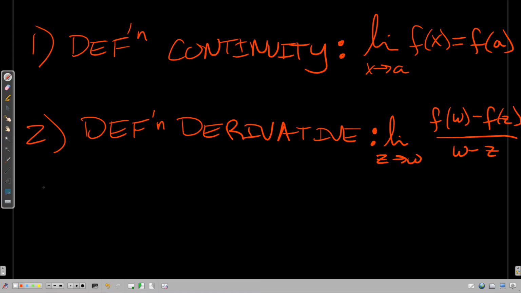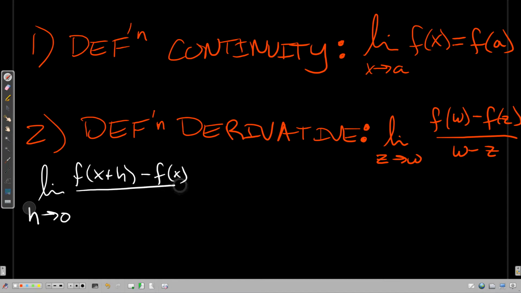To me, in my world, this is the definition of the derivative, but the majority of people like to make it harder, and they instead want to study the limit as h goes to 0 of f of x plus h minus f of x all over h. And I assert that they are identical.